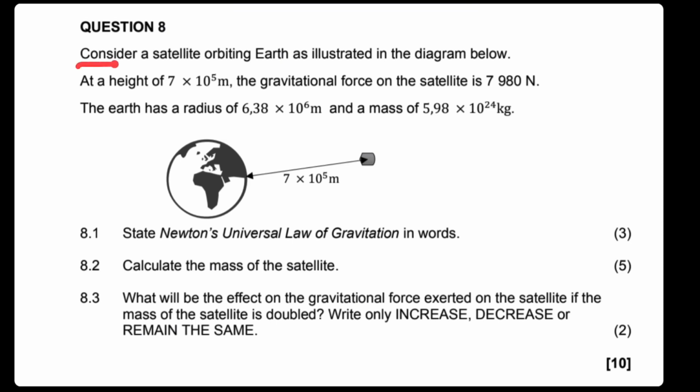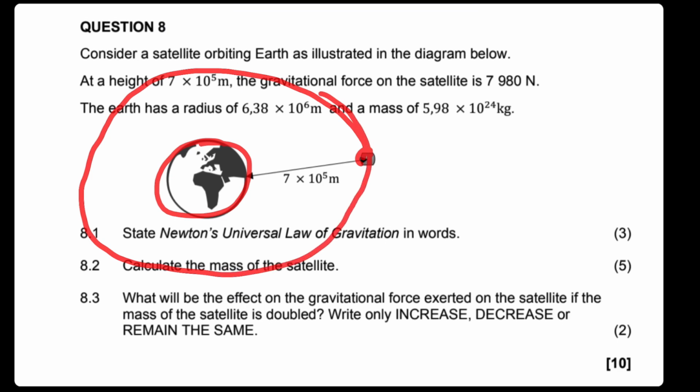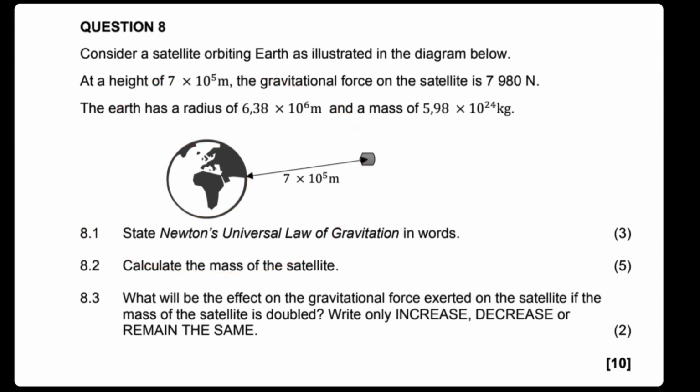Now this one says, consider a satellite orbiting Earth as illustrated in the diagram below. Here's the Earth, and the satellite is orbiting, which means it's moving around the Earth, right? It orbits at a height of 7 times 10 to the power 5 meters, that's 700,000.